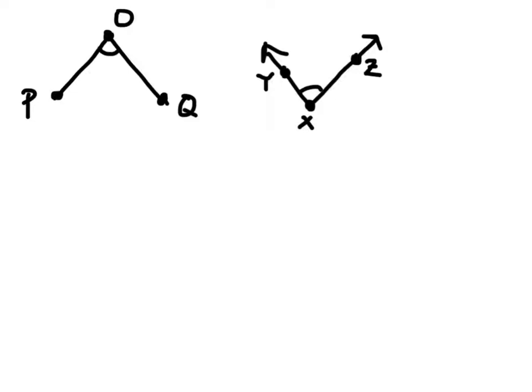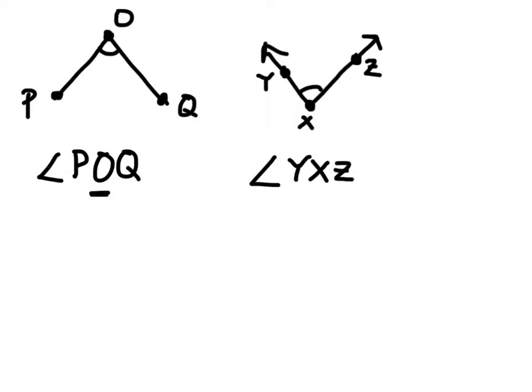This angle would be named angle, which we would indicate with this symbol, POQ, showing that the O in the center is the vertex. This angle that is formed by rays XY and XZ meeting at point X would be called angle YXZ.